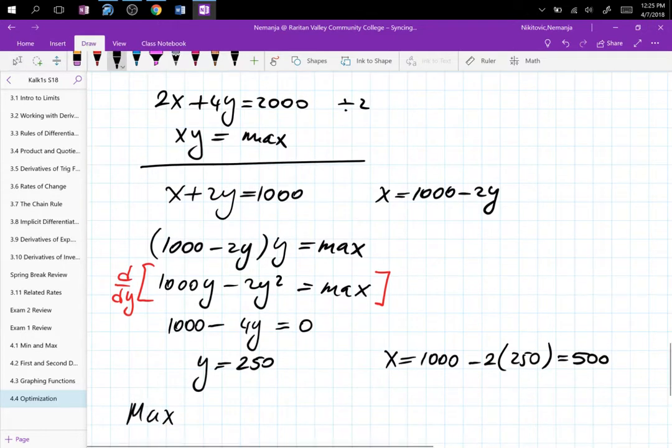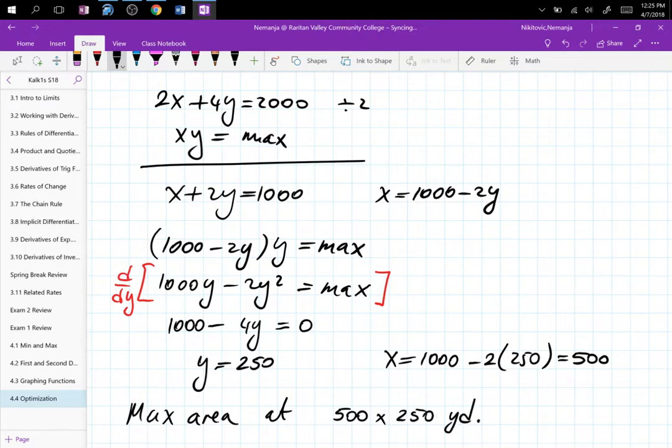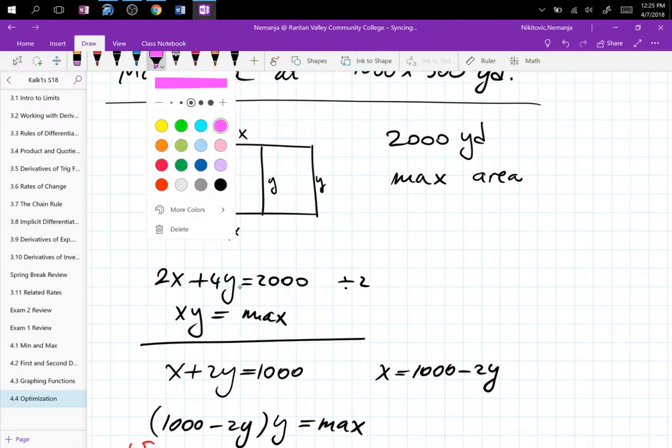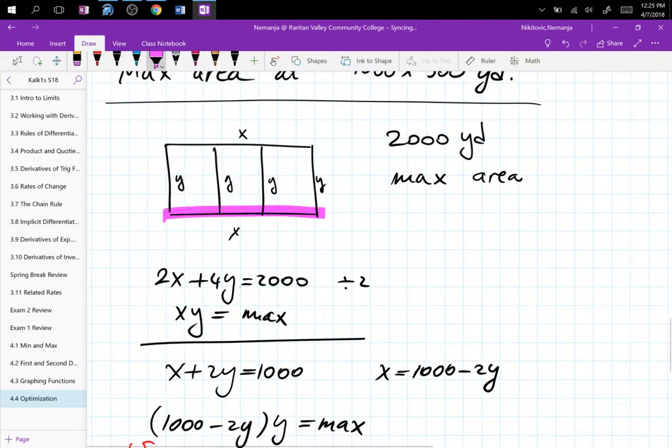So max area at 500 by 250 yards, and you still have those two divisions in between. So that means this line over here is 500, and this one over here is 500.